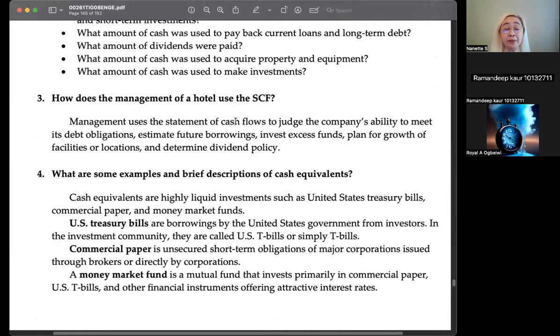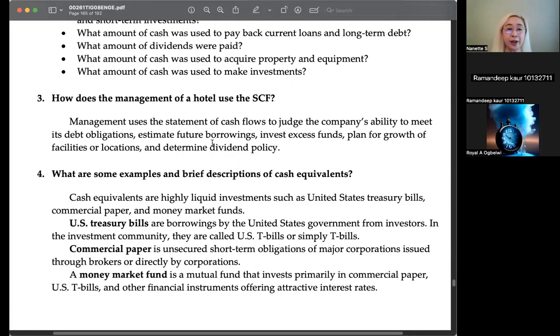So if I am the owner or the board of director or manager, how do I use these reports? These reports are used to judge the company's ability to pay for their debts, right? How much are they capable of paying for a huge borrowing?